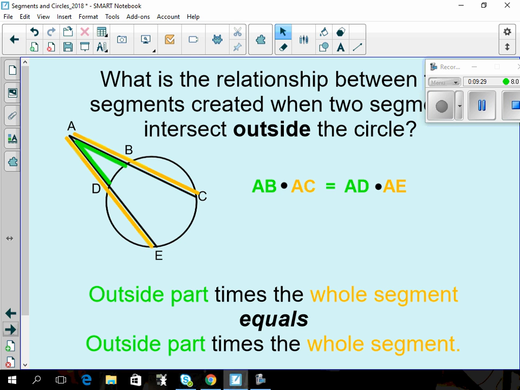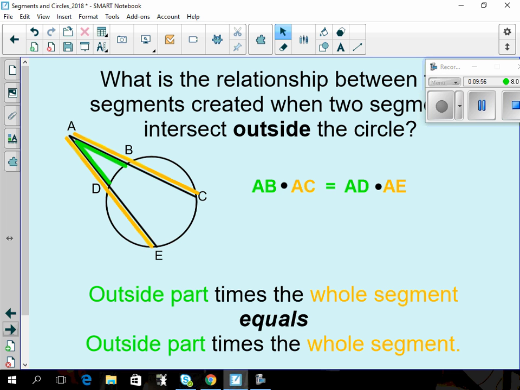When our two segments intersect outside the circle, we're going to think about the segments in terms of the whole segments and parts. So I've color-coded this one to be yellow and green. It's going to be the outside part times the whole equals the outside part times the whole. So think about what I mean when I say the outside part.